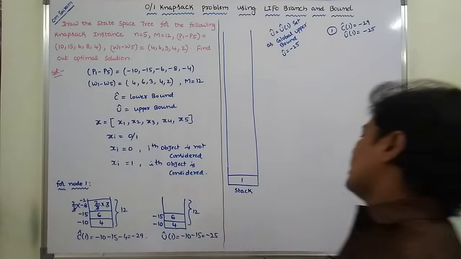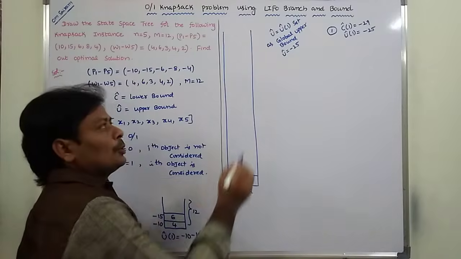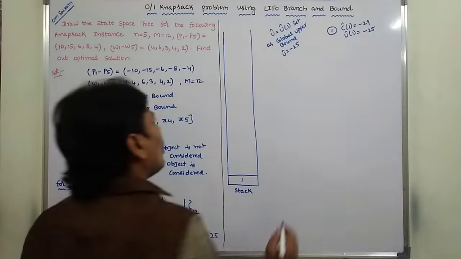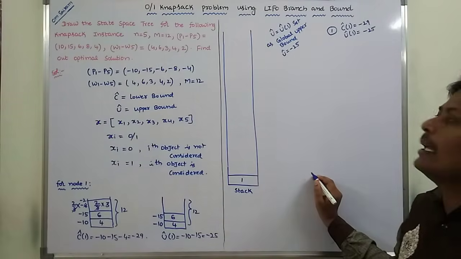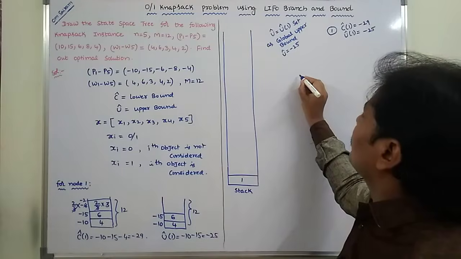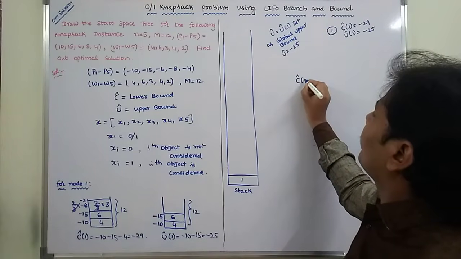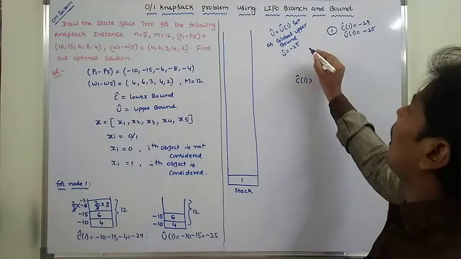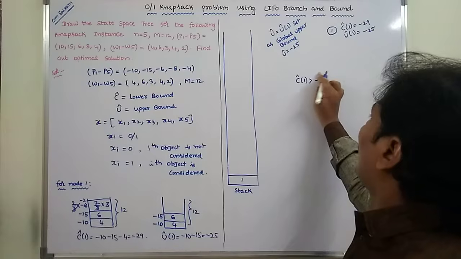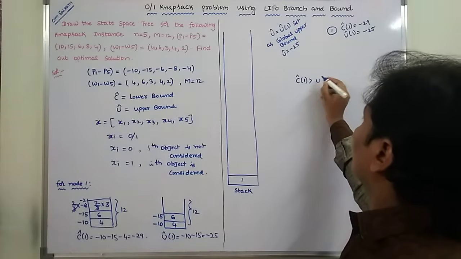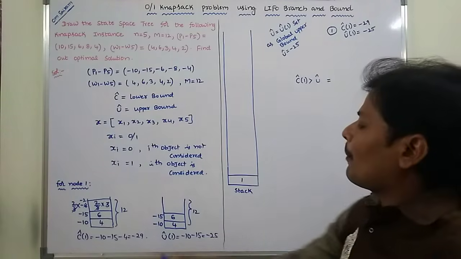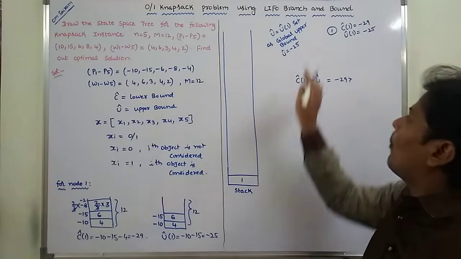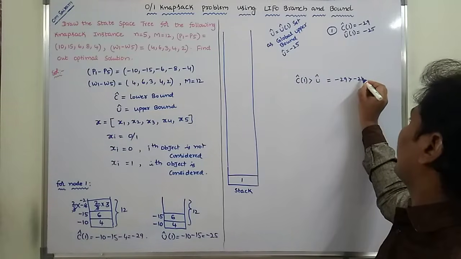Okay. Now, can node 1 be extended or not? A node can be extended by its C cap value. So that means we check whether C cap of 1 is greater than the global upper bound. The global upper bound is minus 25. So C cap of 1, minus 29, is greater than the global upper bound minus 25?